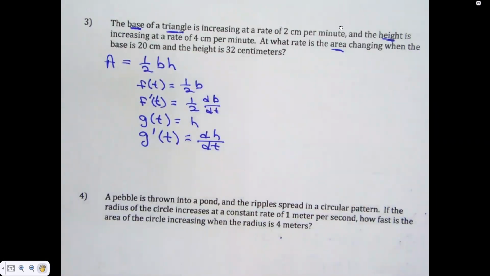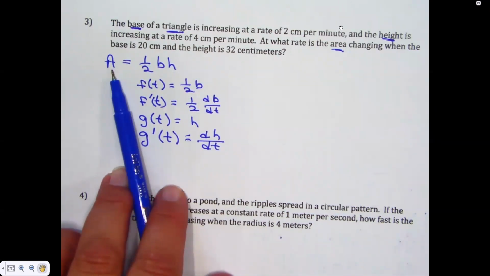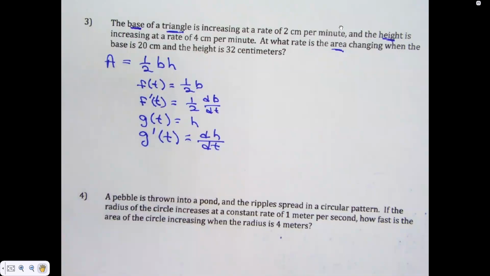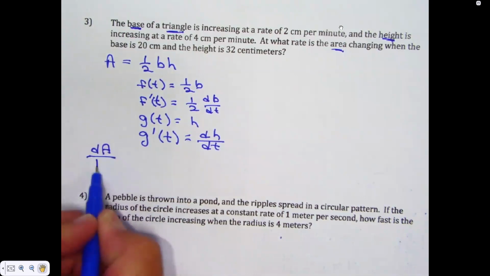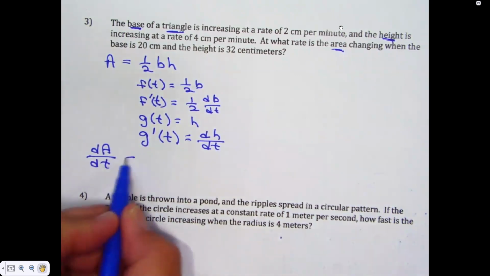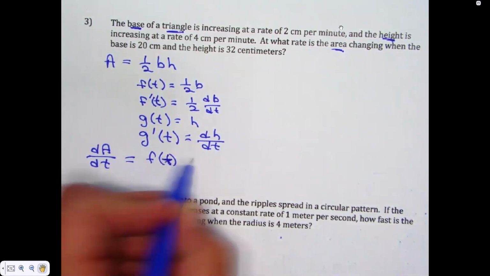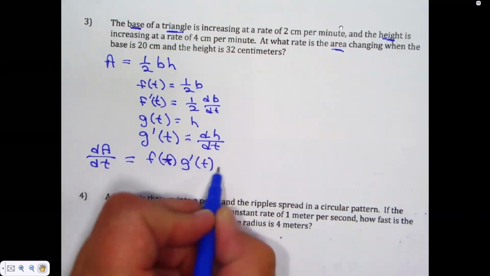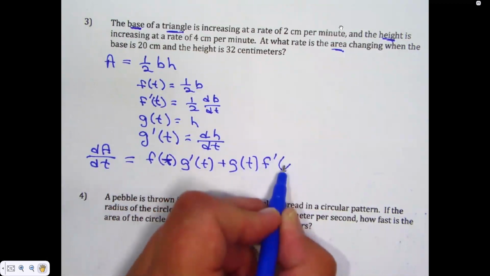Okay, so what's the derivative of A? Derivative of A would be 1, but we have to think of it as a quantity, so we're going to write dA dt. Then on this side, we have to do the product rule: first times the derivative of second plus the second times the derivative of the first.